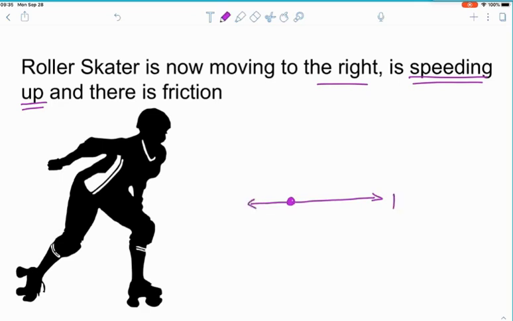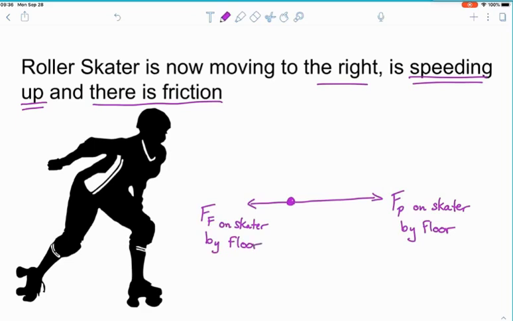And I'm going to call this a push on the skater by the floor. And then the arrow pulling back on this skater is going to be just a little bit of frictional force because it says there is friction. So frictional force on the skater by the floor.